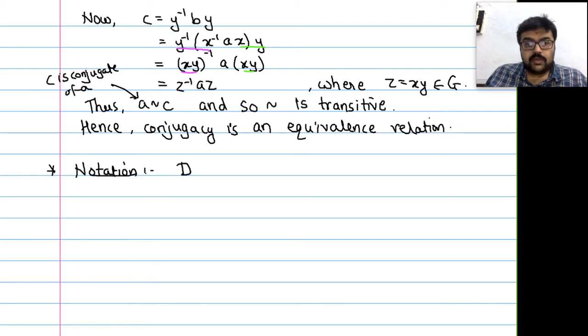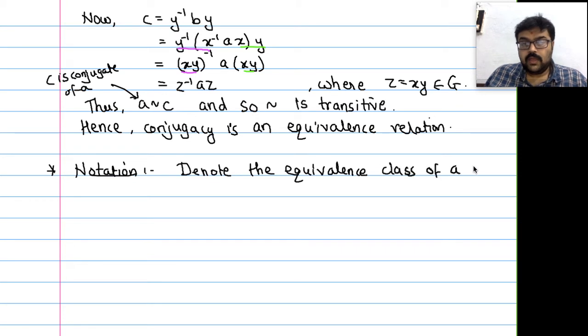So denote the equivalence class of A in G by capital C of A. So equivalence class we denote by C of A. What is C of A?